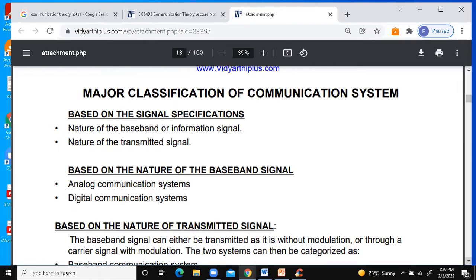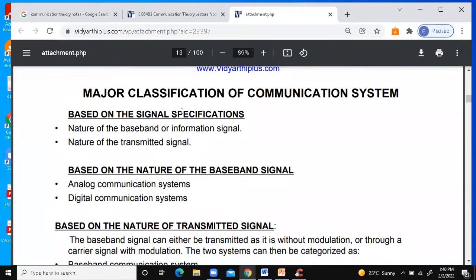The classification is based on the signal specification. So it's the nature of the information signal and the nature of the transmitted signal.